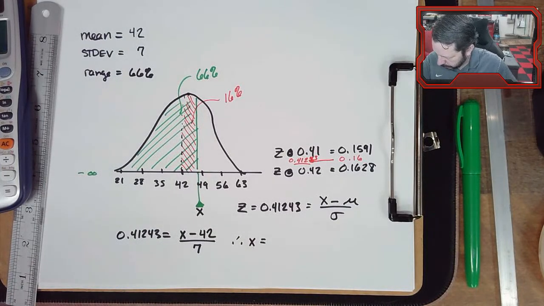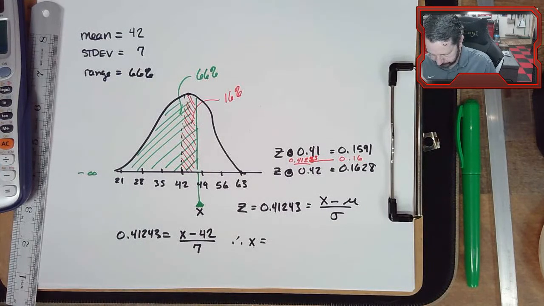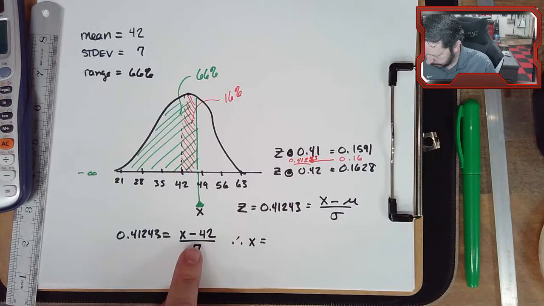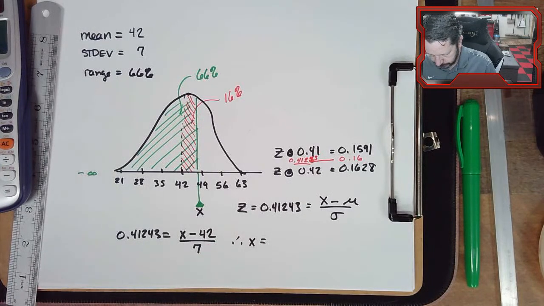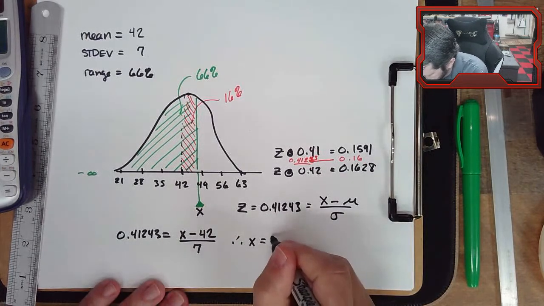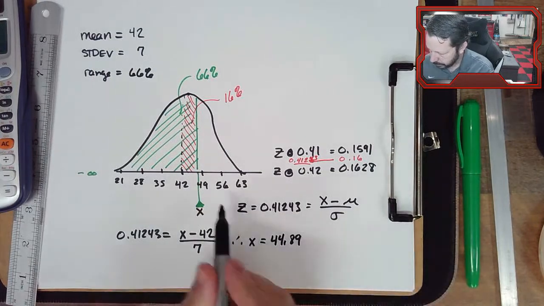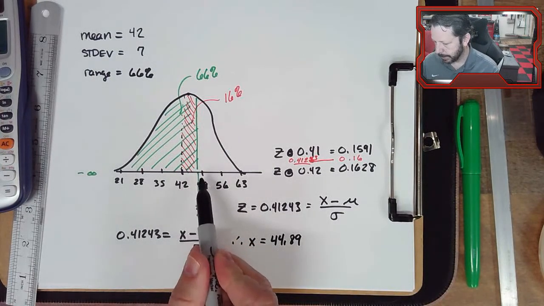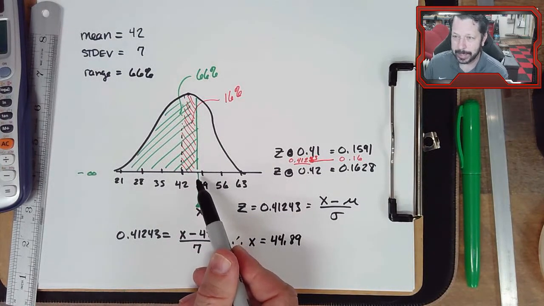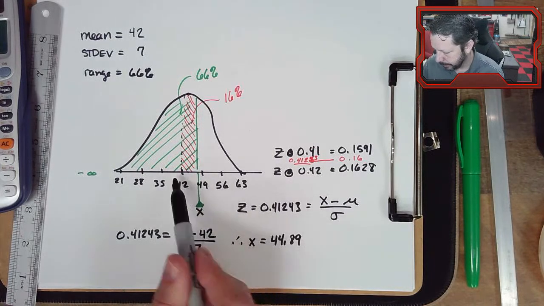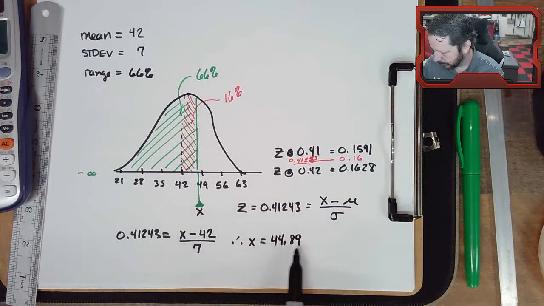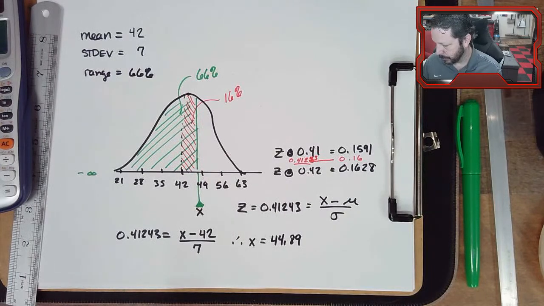Let's see. If I take the 0.41243 multiplied by 7 and then add 42, it gives me that x equals 44.89, which looks reasonable. When I drew it closer to the 49 spot here, but it's between 42 and 49. That's where my number is, pretty much at 45.